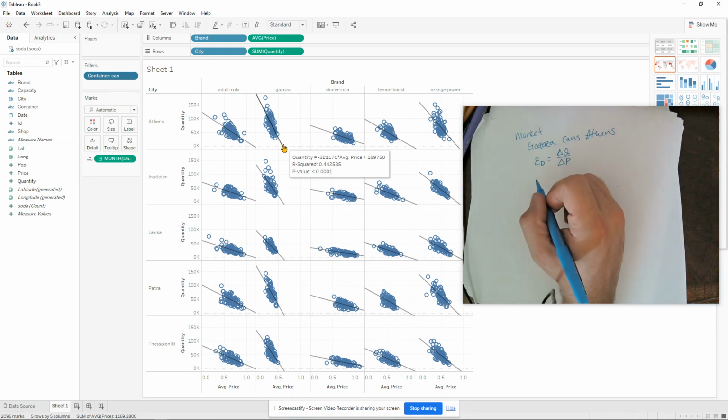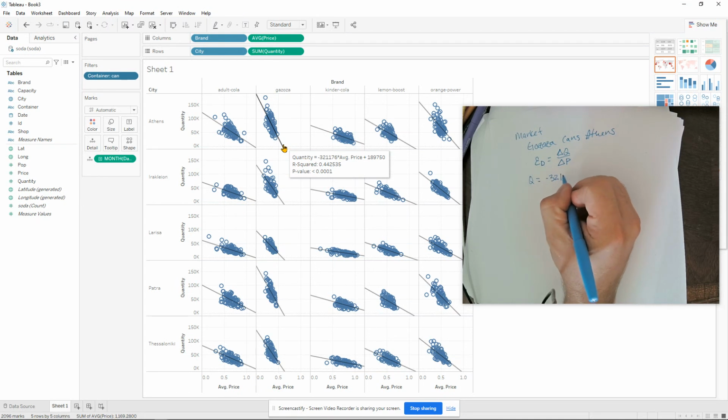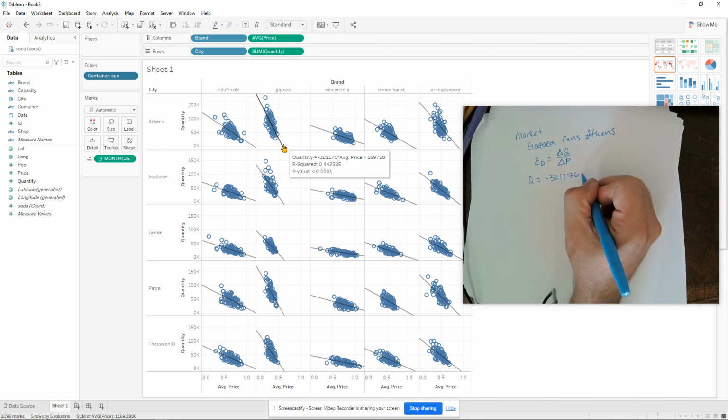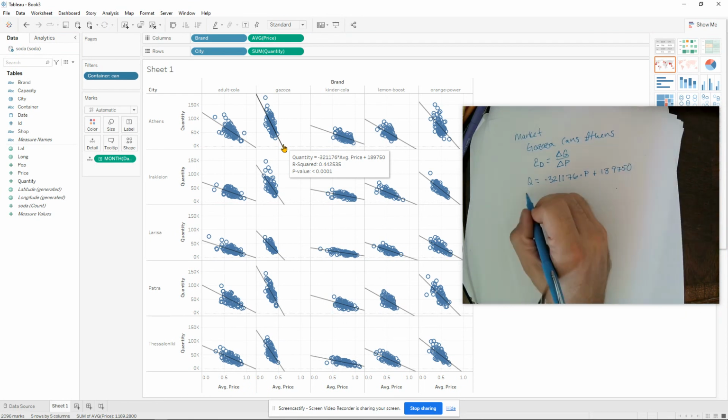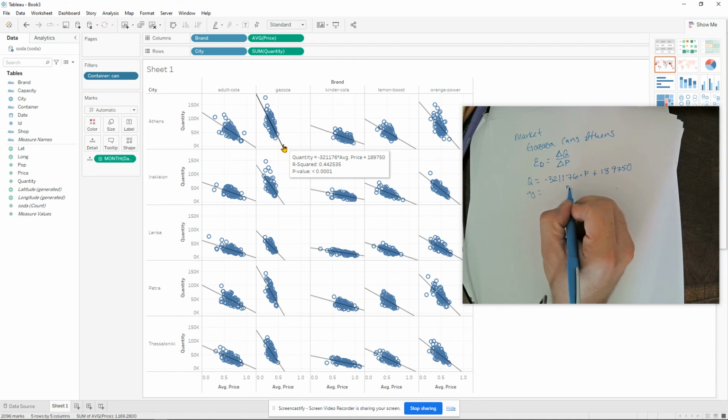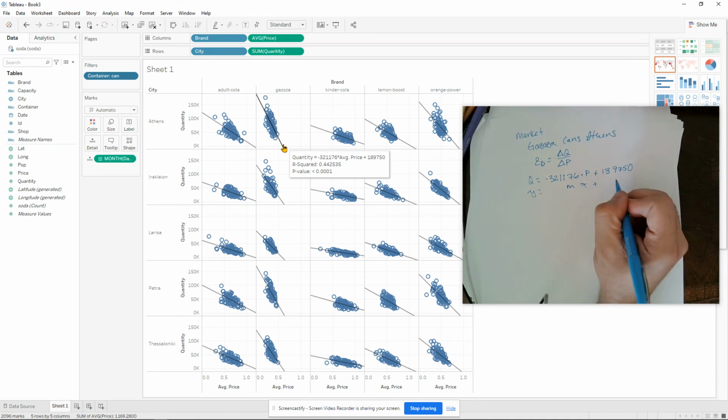If you hover over, we get quantity is equal to negative 321,176 times average price plus 1,89750.